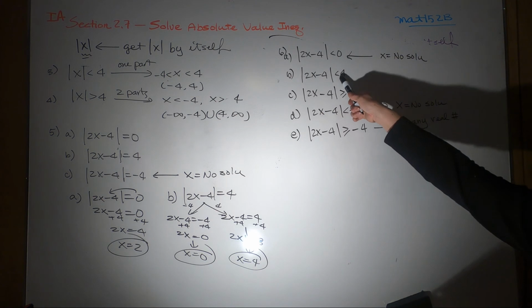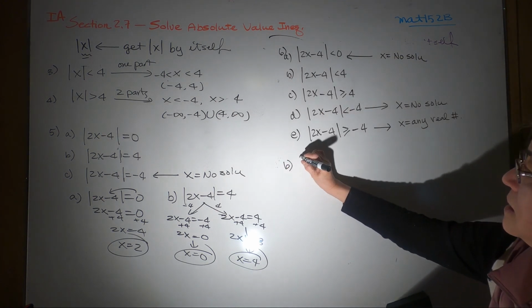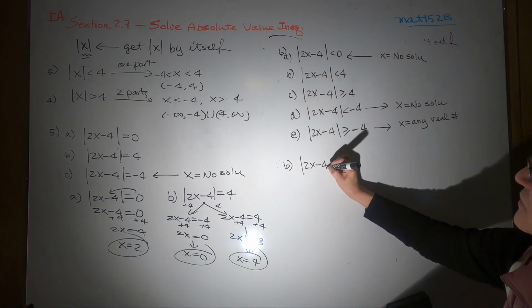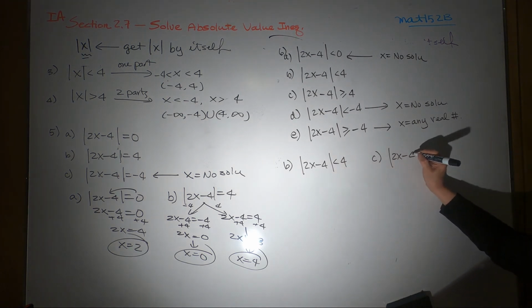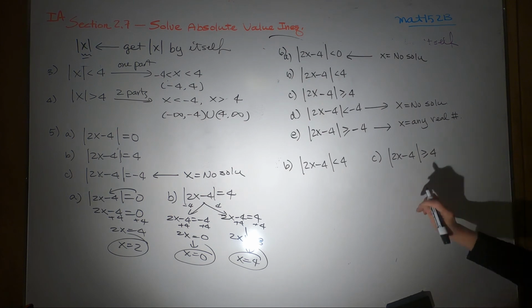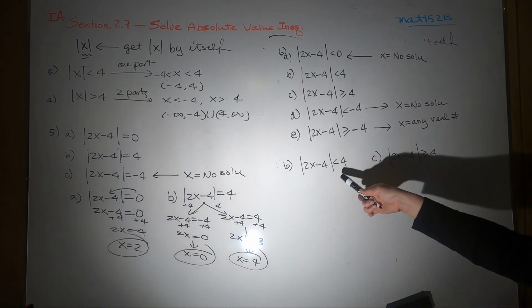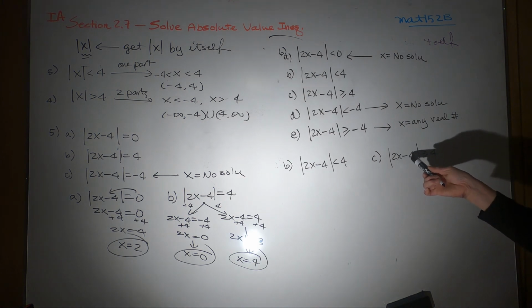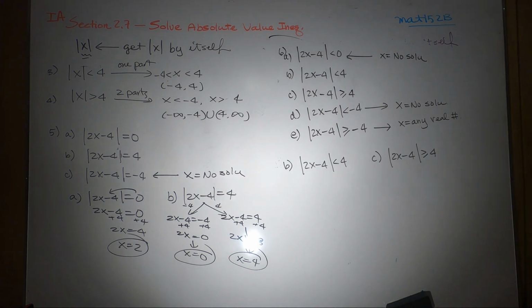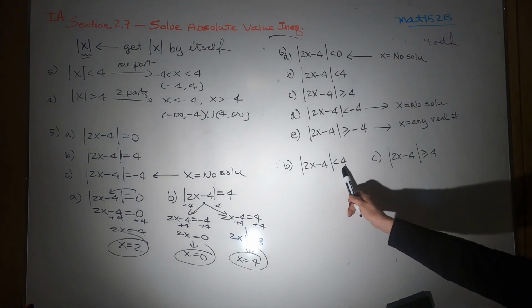Then for these two, you have 2x minus 4 less than 4, and this one 2x minus 4 greater than 4. Can be less than 4, can be 1, 2, 3 inside, right? Then bigger than 4 can be 5, 6, 7 inside. So you have infinite answers. So we show it differently. For less than, how many parts should you rewrite it to?